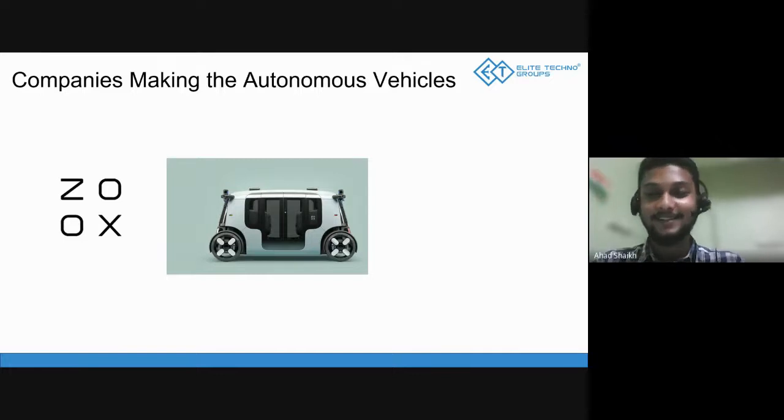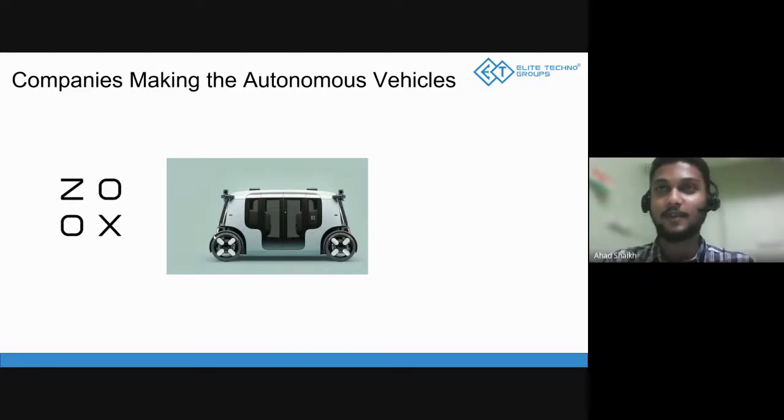They are directly jumping to level 5, making level 5 autonomous vehicles. Wow. And taking such a big step requires some big player at your back. So what do you think? Which company have they been associated with?